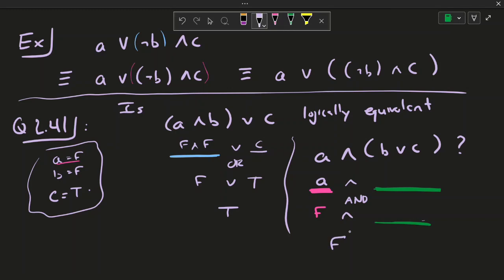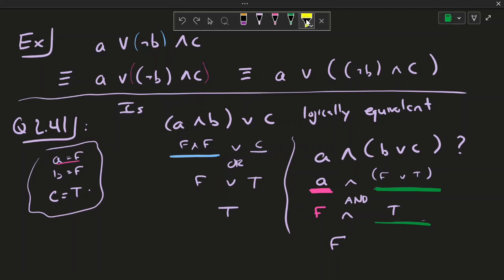We can double check it with the statements we have. B is false, C is true, so we have false or true, and false or true is true. So we get a true out of that green. But because we have a false and true here, the overall is going to be false.